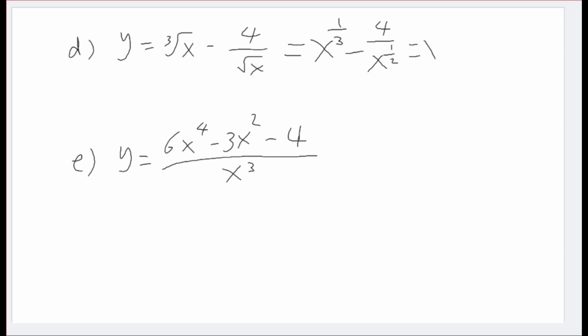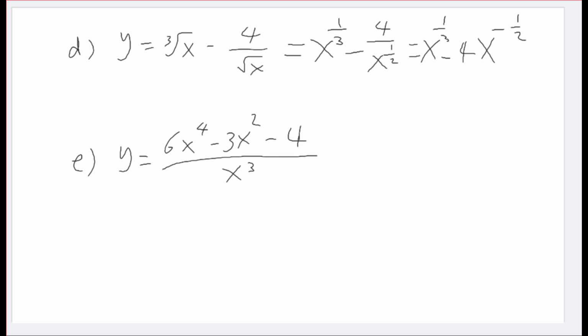So first term is already good. Second term, I'm going to copy down the 4 and move the power to the top as negative. This is pure algebra. So for this problem, basically, we have to rewrite the function, preparing the terms first.